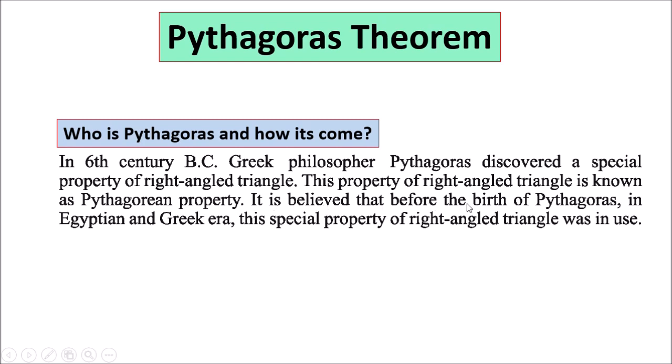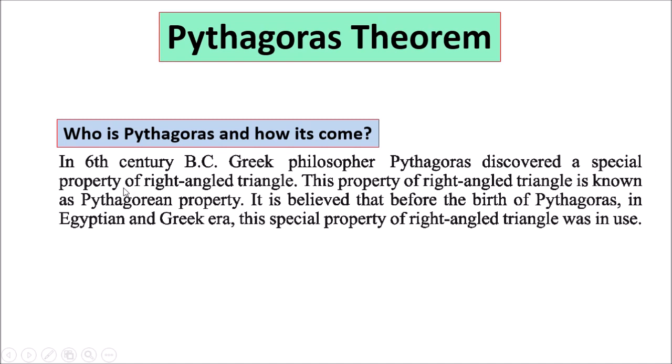It is believed that before the birth of Pythagoras, in the Egyptian and Greek era, this special property of right angle triangles was in use. So we understand that Pythagoras is a Greek philosopher, and his lifetime is around the 6th century BC.